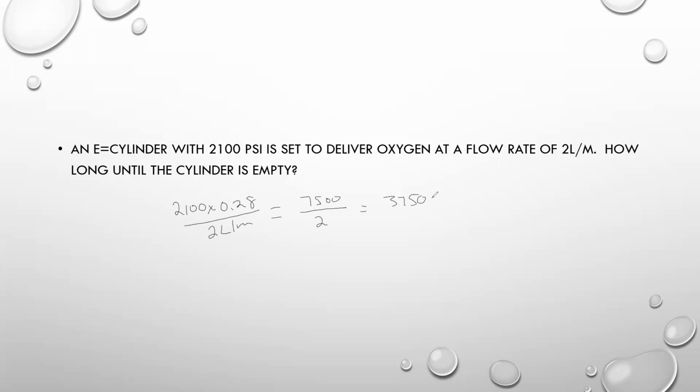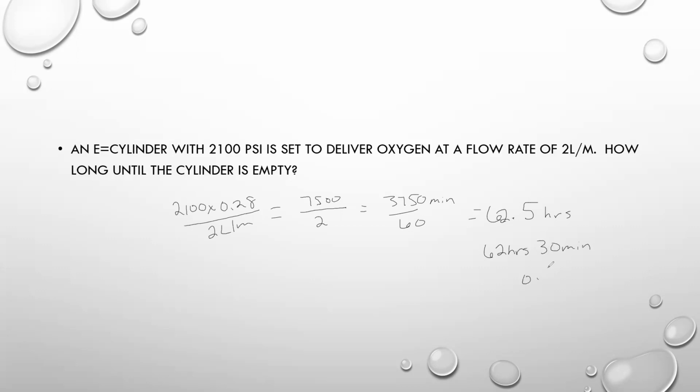3,750 minutes. I want to break that down into hours and minutes, so I'll divide that by 60, and that gives me 62.5 hours. And if you know half, it'll let you know that it's 62 hours and 30 minutes.